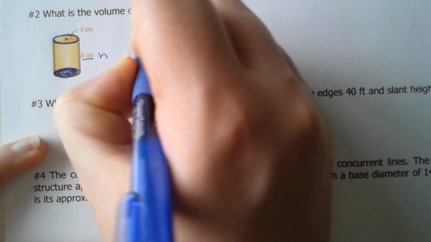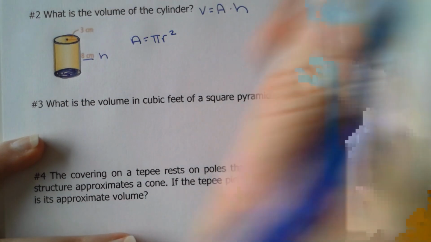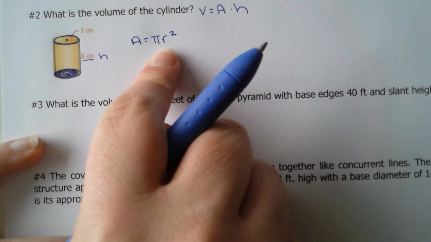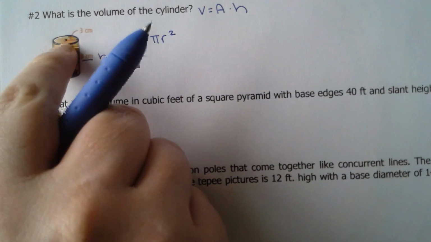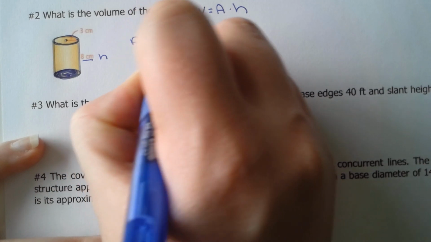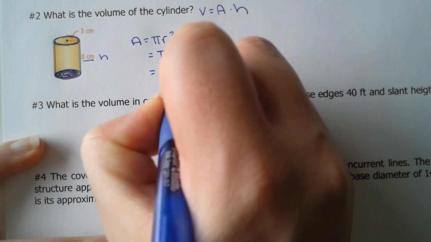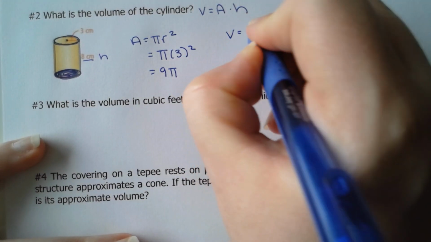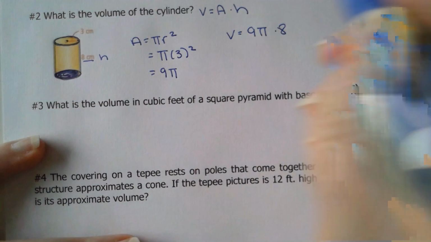How do I find area of a circle? Well, from last week's lesson, we learned that was pi r squared, r meaning radius. So what is the radius of this cylinder? It is 3. So pi times 3 squared, which is 9 pi. And we're going to take that and multiply it by our height, which is 8.